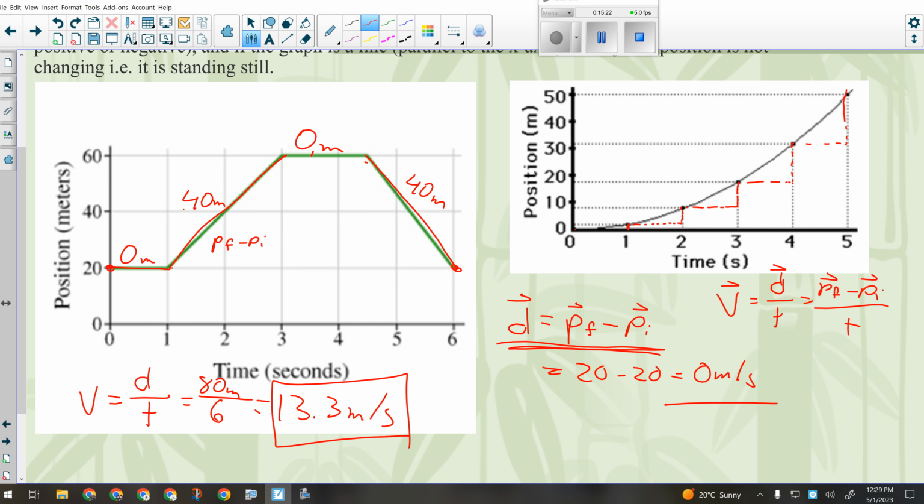What's my initial position? 0. So how far did this object go? 50 meters. Its distance and its displacement for this graph are equal. It didn't change direction, it always went forward, so the displacement and the distance are both 50 meters. The displacement would be positive 50 meters. Everybody all right with that?